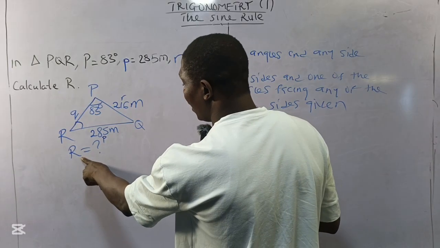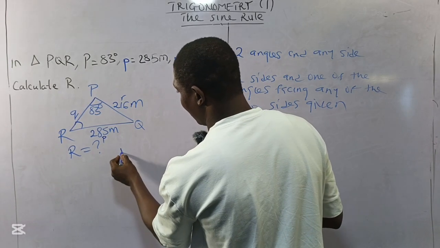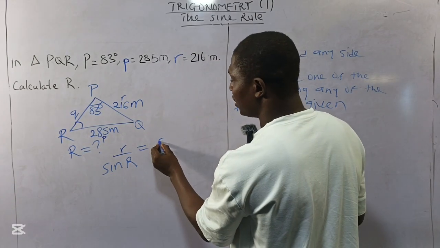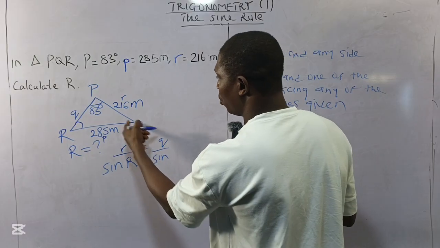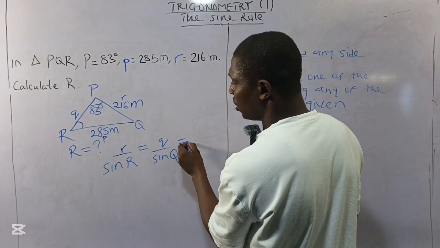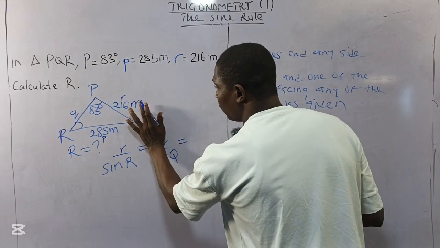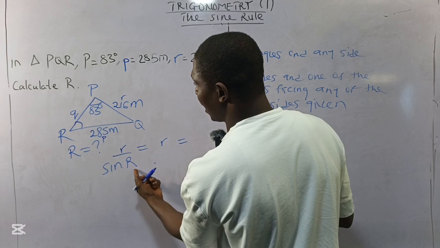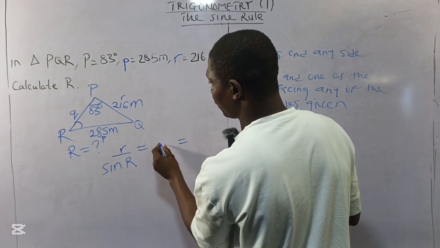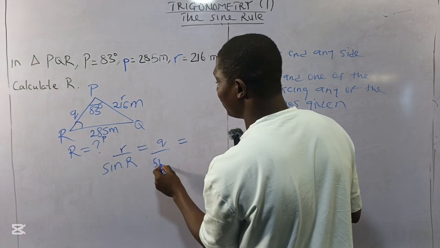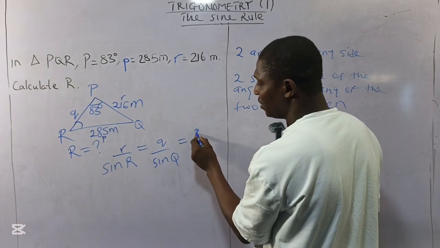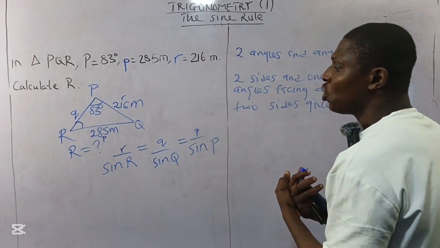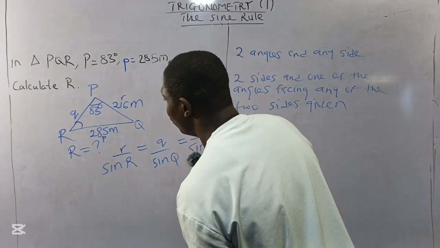Since I'm looking for R, I can start with R. Small r over sine capital R equals small q over sine capital Q equals small p over sine capital P.